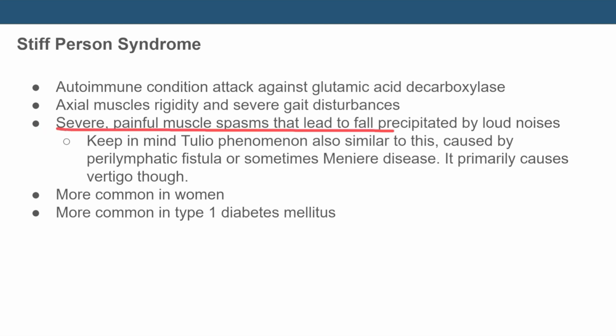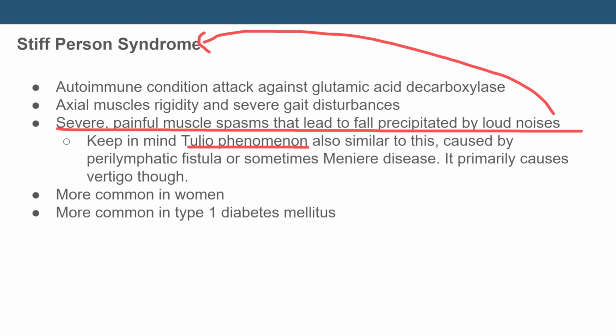So this is very classic for stiff person syndrome, but you have to keep in mind that Tullio phenomenon also presents similar like this. So Tullio phenomenon, which we are going to discuss how it can present in the next slide. So Tullio phenomenon is usually caused by perilymphatic fistula or sometimes Meniere disease.